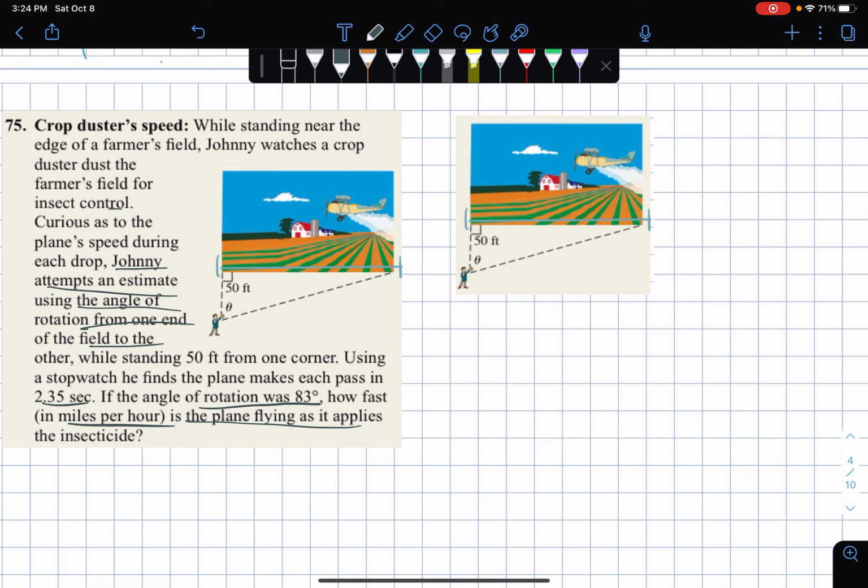Johnny attempts an estimate using the angle of rotation, which is known to be theta. Wherever the angle of rotation is, it usually refers to the angle where the person's eyes are situated. So, standing 50 feet from the corner, this is the 50 feet distance.